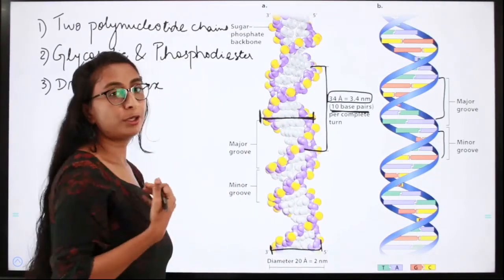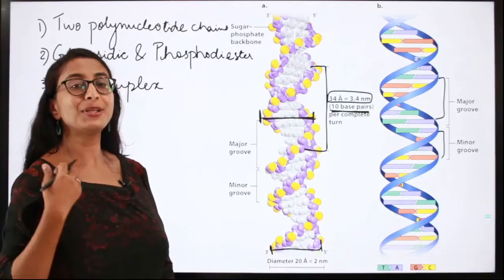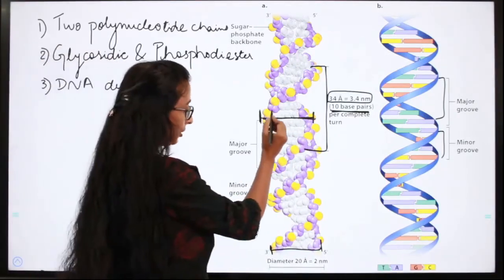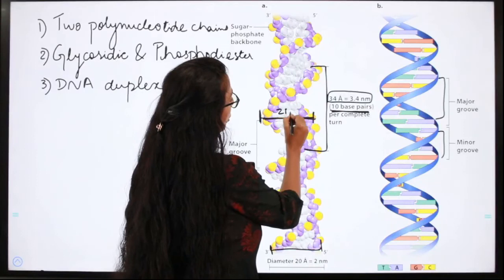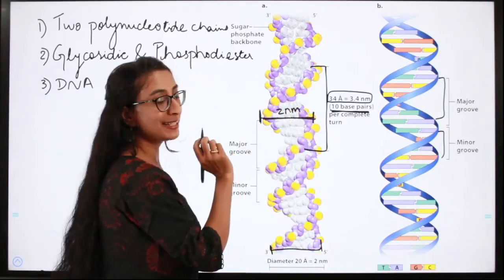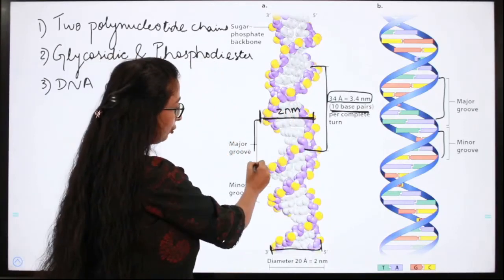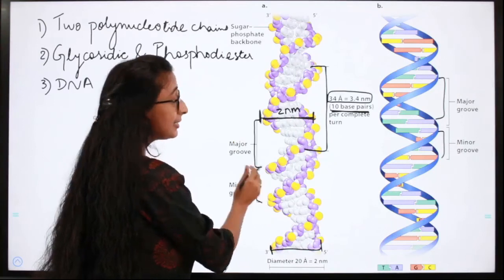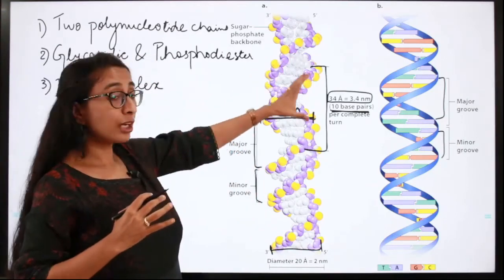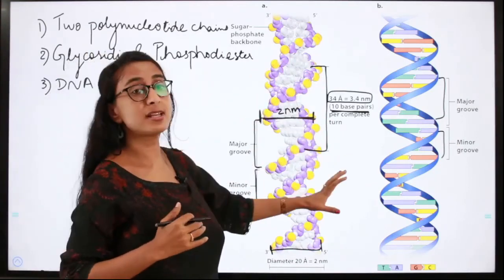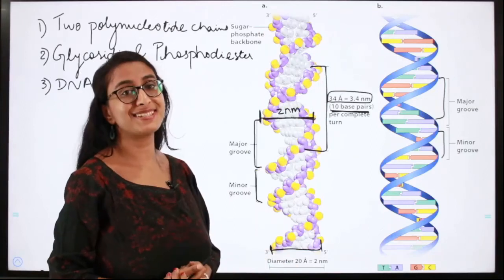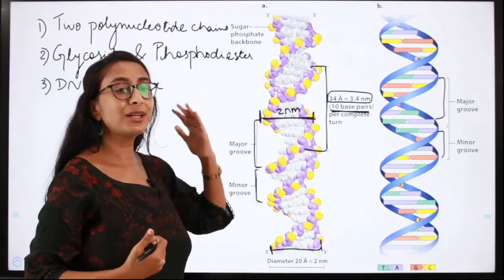These are very important. You definitely need to remember this. So the diameter of DNA is 2 nanometer or 20 angstrom units. And then this is the major groove, this is the minor groove. Just based on the structure, okay, these numbers itself, you can get different kinds of questions. So keep this in mind so that you remember this.